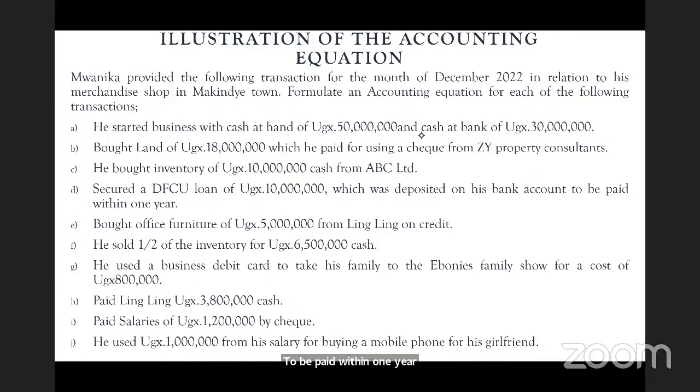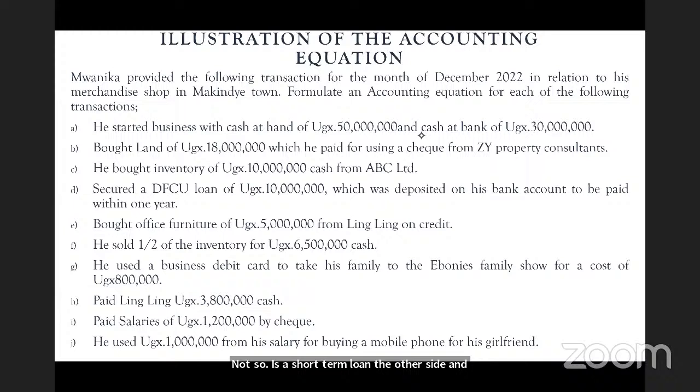Do we spot the obligation? There is an obligation here. As there is an obligation, it is going to affect liabilities, so we are going to have a liability of a loan. But this loan is going to be paid within 1 year, so it is a short term loan.